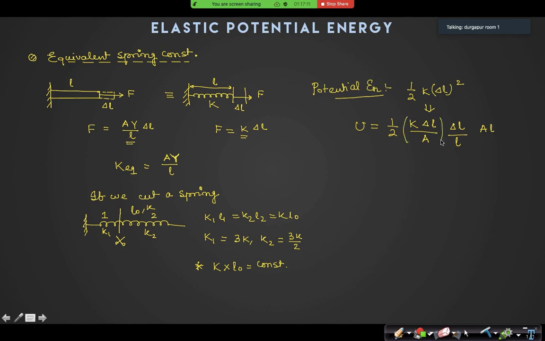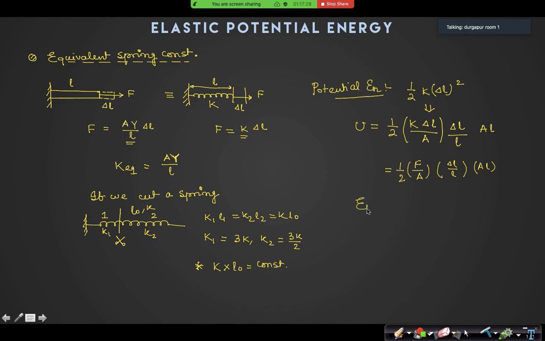Now what is K delta L by A? Is it F by A? Yes. Delta L by L is strain and A into L is volume.